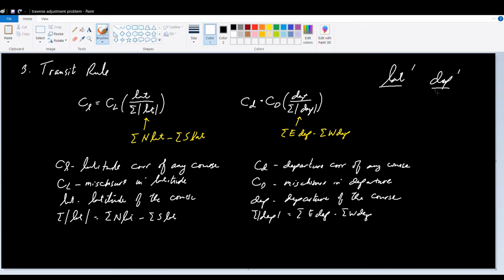After that, we can determine the adjusted length by applying the Pythagorean theorem, Lat prime squared plus Dep prime squared. And as for the bearing or theta, that will be the arctangent of the adjusted departure over the adjusted latitude.